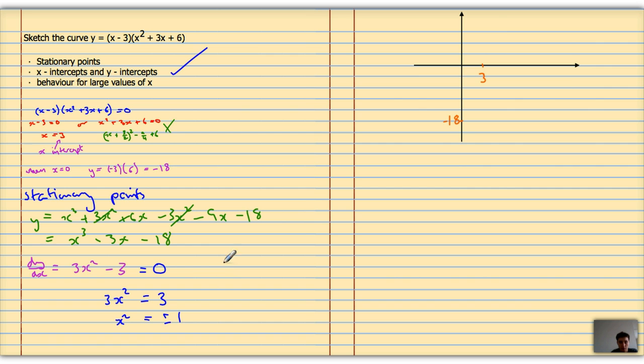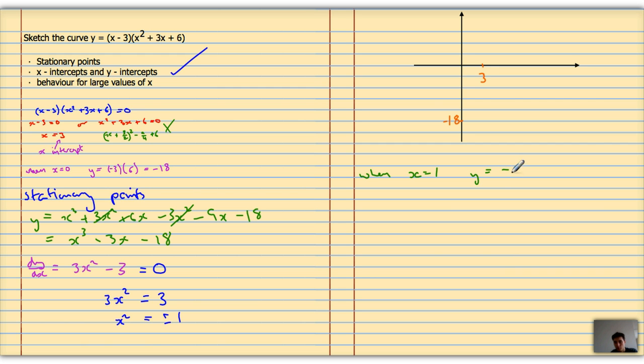Okay, so when x equals 1, y equals 1 cubed minus 3 minus 18. So that's going to be 1 minus 21.